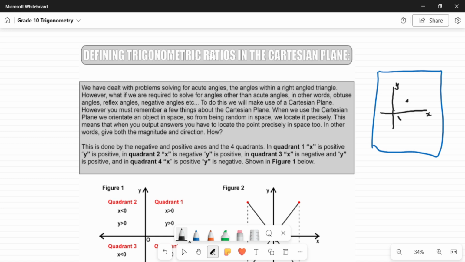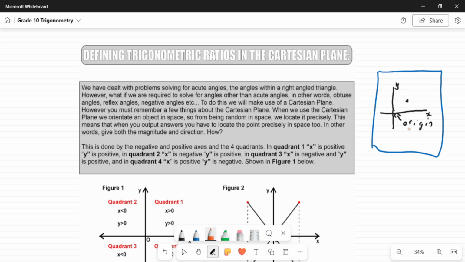So relative to what we call the origin, we can find out how far left and how far up that point lies from the origin. And the beauty is that I can take this Cartesian plane and place it right at the edge of this page here. I can also do the same thing: find out how many units left and how many units up that point lies relative to the Cartesian plane.